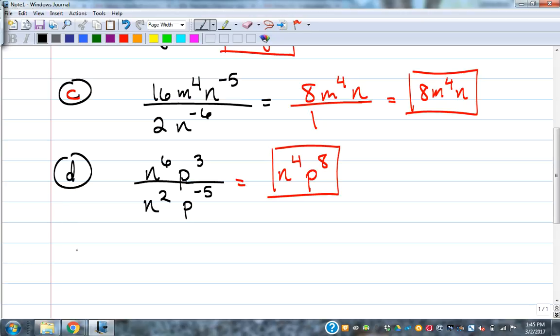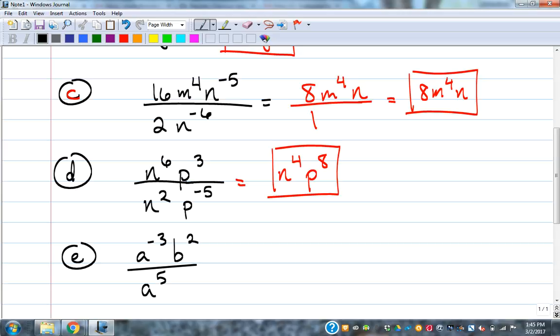Let's look at this one. It'll be a to the negative 3 b squared over a to the 5th. That's enough. Let's not make it too complicated yet. So for this one, what's the rule for the a's?